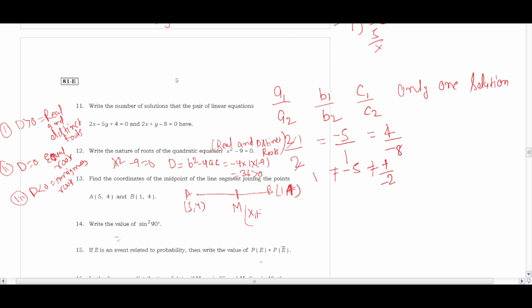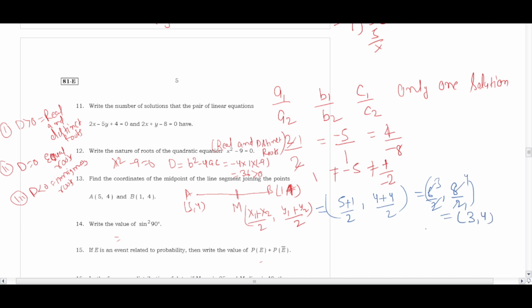Midpoint formula is x1 plus x2 by 2 and y1 plus y2 by 2. Then 5 plus 1 by 2 and 4 plus 4 by 2. Then 6 by 2 and 8 by 2. Then 2 ones are 2, 2 threes are 6, 2 fours are 8. Then midpoint is 3, comma 4. X coordinate is 3 and y coordinate is 4.